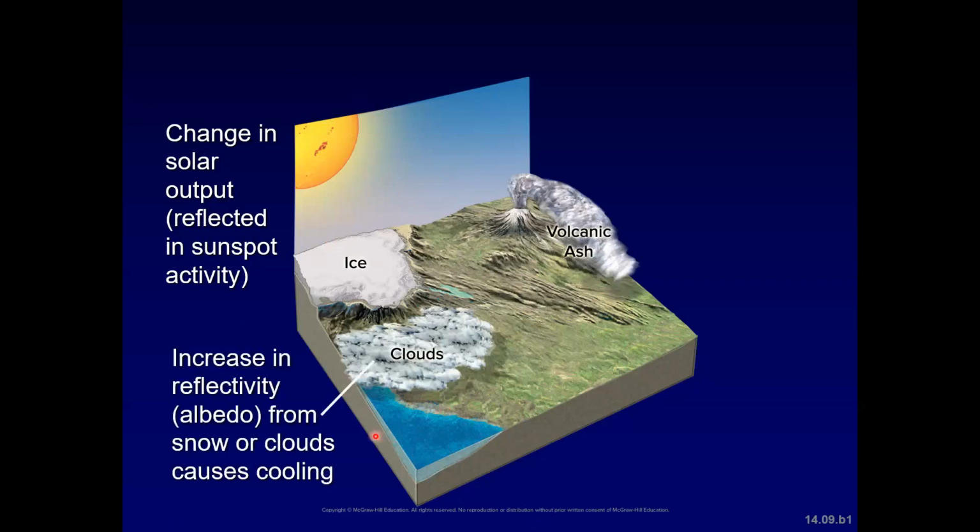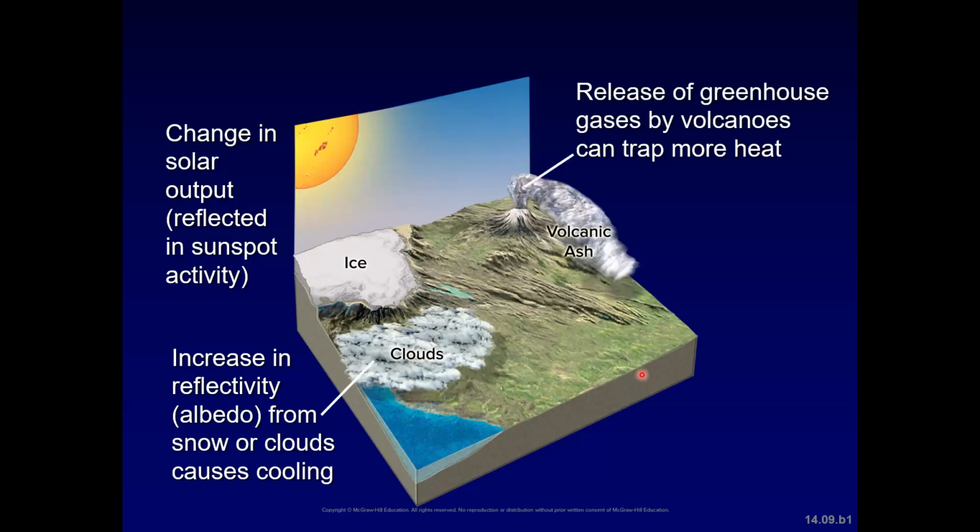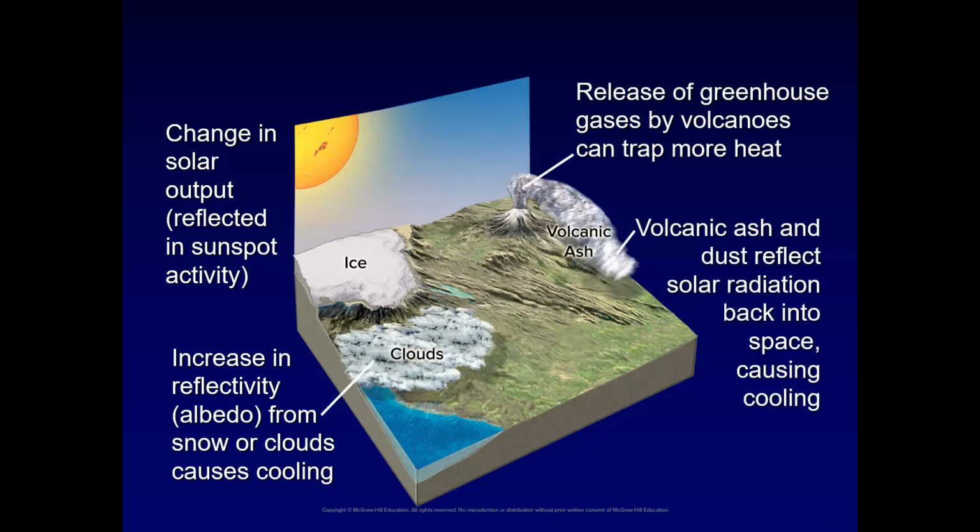We could have an increase in reflectivity, we call that albedo, from snow or clouds, causing cooling. And we could have from this volcanic eruption a release of greenhouse gases by volcanoes to trap more heat. Volcanic ash and dust also reflect solar radiation back into space, causing cooling.